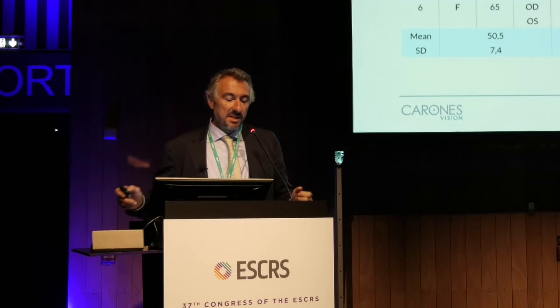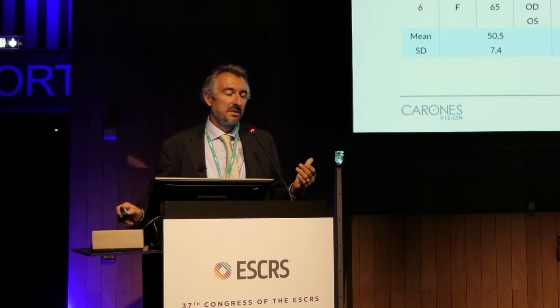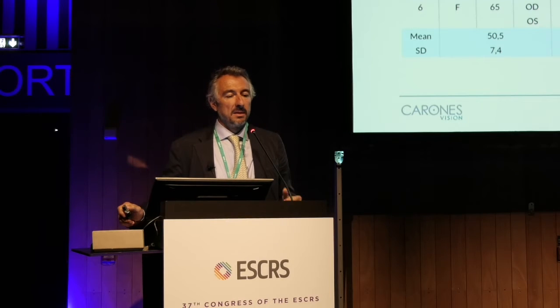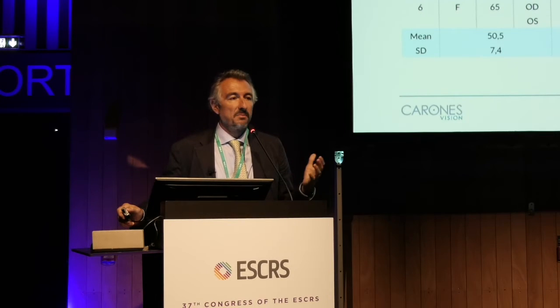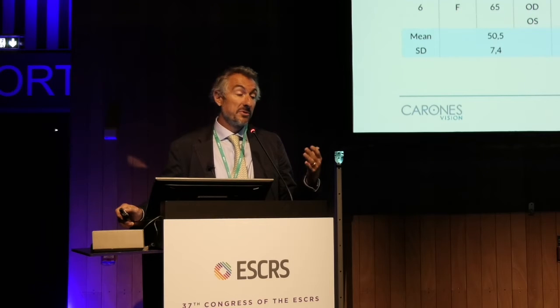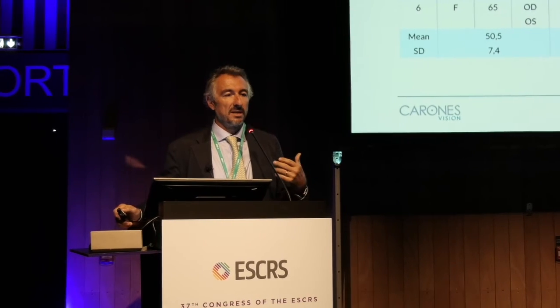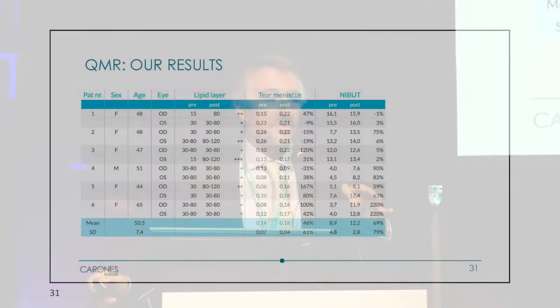Okay, and this is my short series. As I told you, I started using this device 7 months ago, and these are my first 6 patients. Now I have treated more than 6 patients, of course I treated double this number, but the results are almost the same.